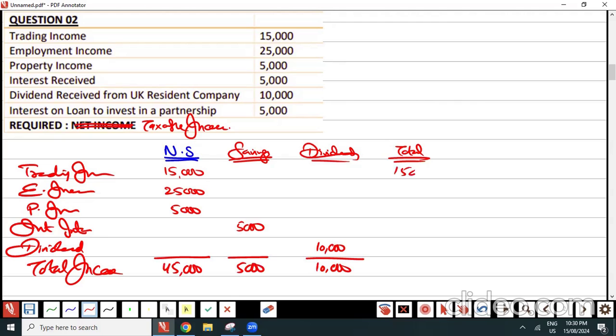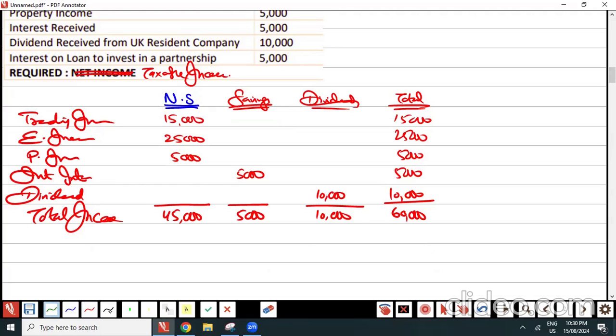Then less interest on loan to invest in a partnership, because it's a qualifying interest. Just now we learned the conditions of a qualifying loan, resulting in a qualifying interest of £5,000. Oh my God, £5,000 is a very big amount.